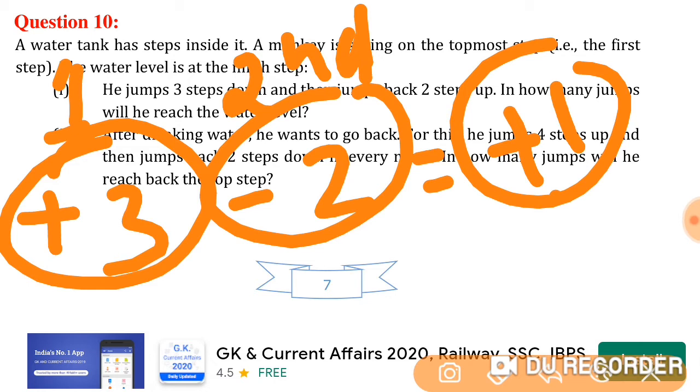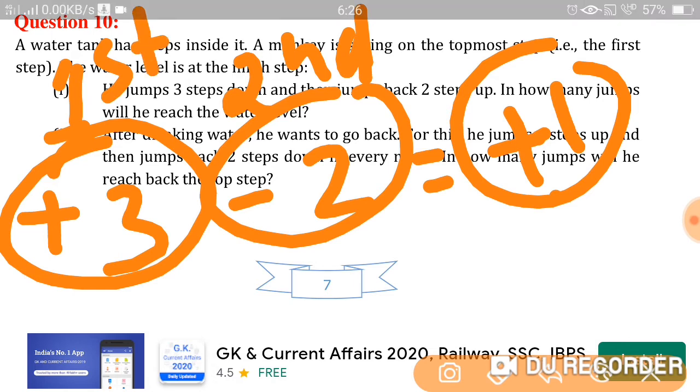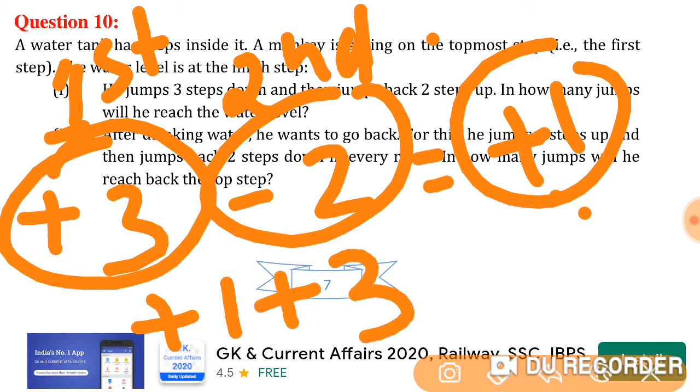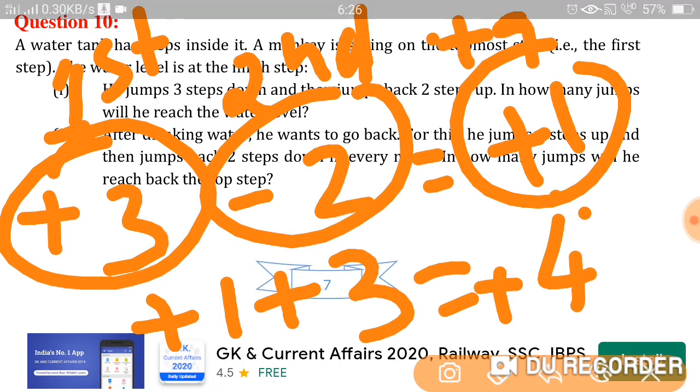These all are the considerations of the steps, counting steps. Okay. Again it comes to the first position, but it is the first jump, second jump. So at the second jump it comes there as plus 1. Again it will jump as plus 3. It comes as the fourth step. We come to know that at the 9th we must get the answer plus 9. Till that, count how many jumps you need. Okay.